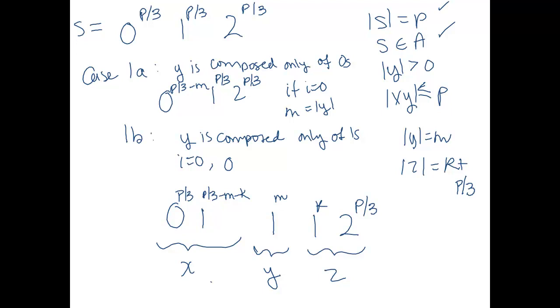I end up with 0 to the p divided by 3, 1 to the p divided by 3 minus m, 2 to the p divided by 3. So it really looks the same as case 1a. It's just which number is losing some so that they don't all have the same number of this character, right?